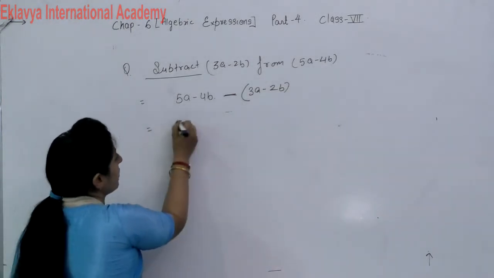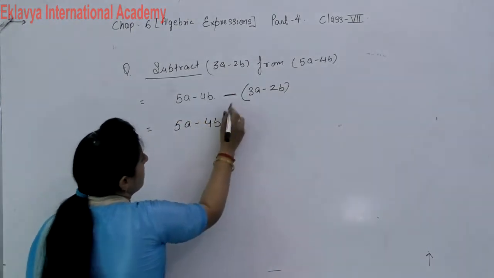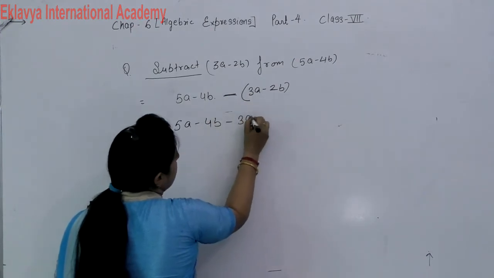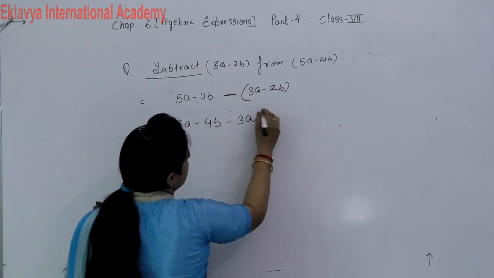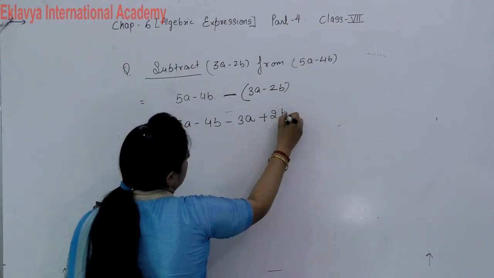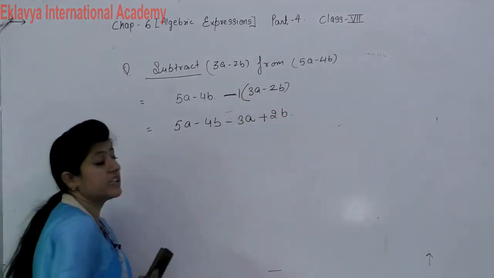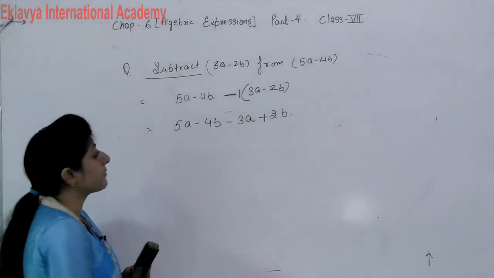Now solve the parenthesis. Minus 3a, and minus minus becomes plus 2b. Where nothing is written, it means 1 is there, meaning we are multiplying by 1.